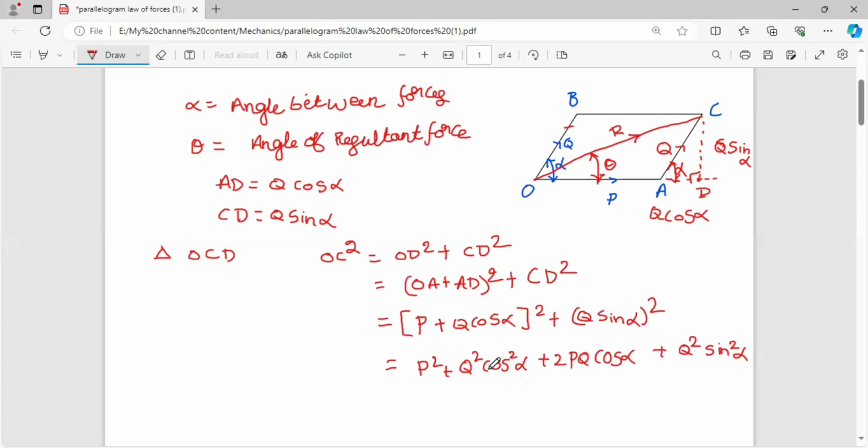In the terms Q square cos square alpha plus Q square sin square alpha, Q square is a common term. Then we can write P square plus Q square into (cos square alpha plus sin square alpha) plus 2PQ cos alpha.